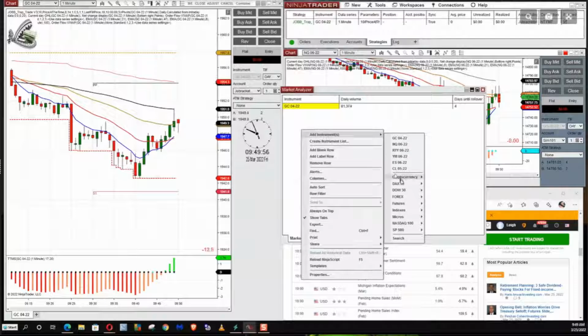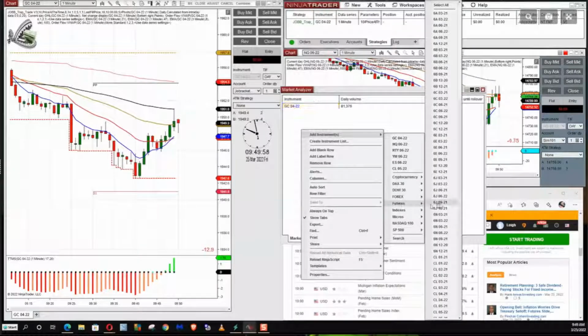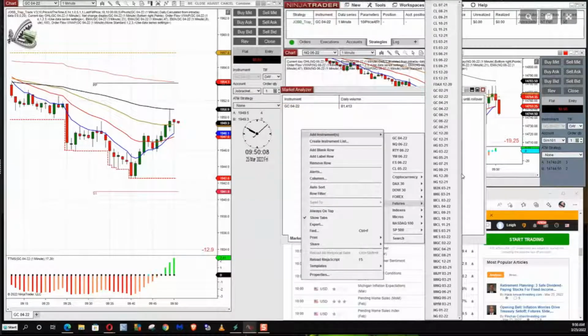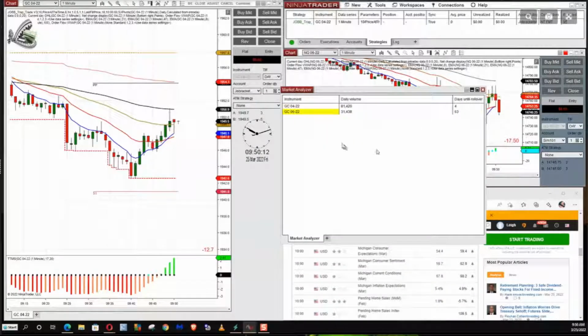And I'm tempted to trade it on the open also because the gold open, I struggle with it. I have more problems on the gold open than any other of the setups that we're doing. GC 622. So gold rolls over next week. Gold rolls over to 6 next week.